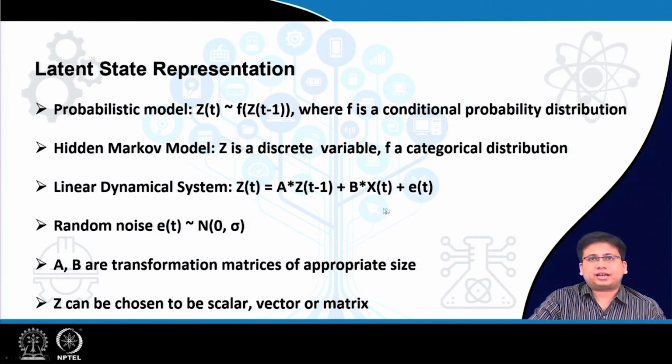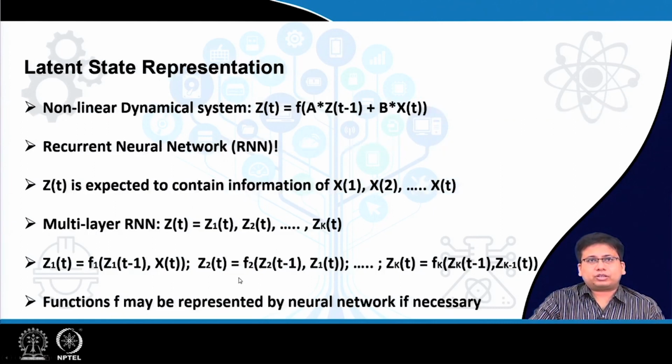So if z_t is a scalar, then e_t will also be a scalar, and if z_t is a vector or a matrix, then e_t will also be that, except that every element of e_t in that case we may assume to be following a random noise like this. Exactly what form z will take depends on the exact problem which we are trying to solve.